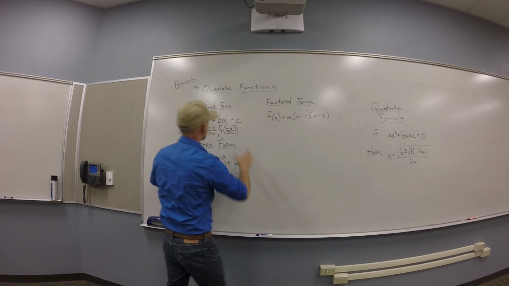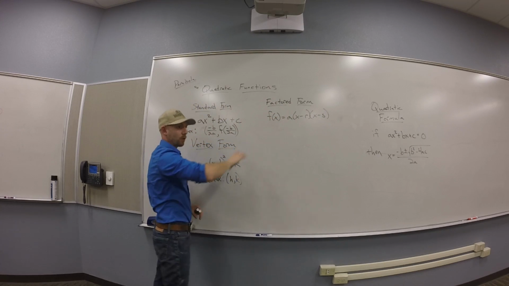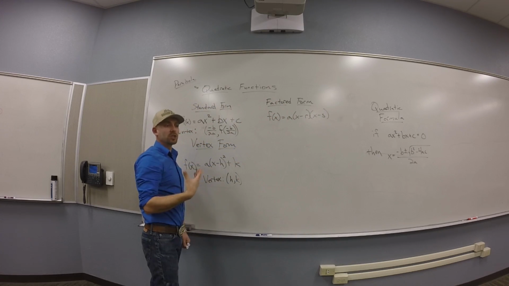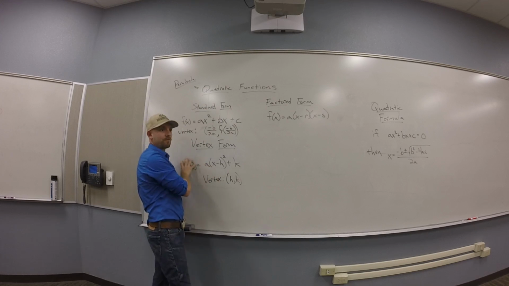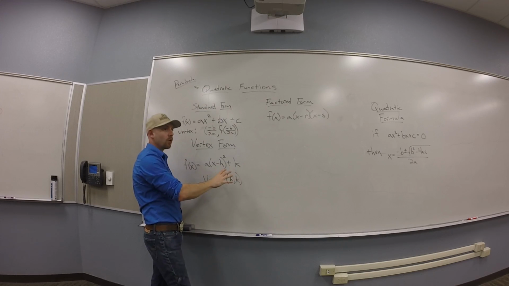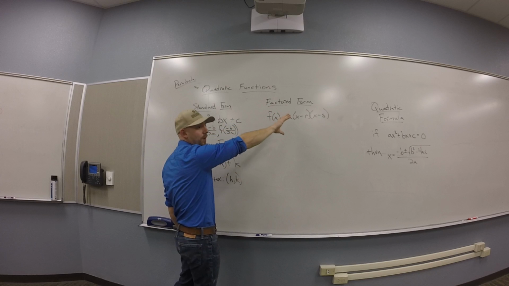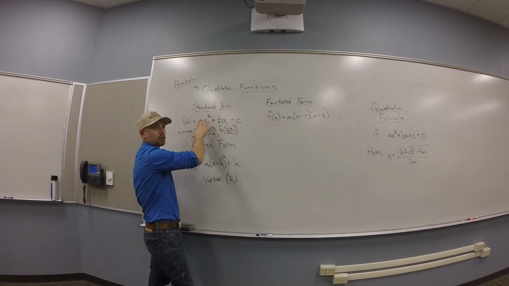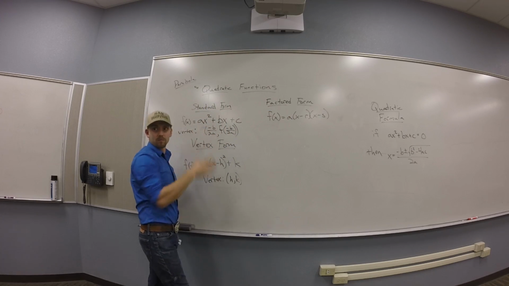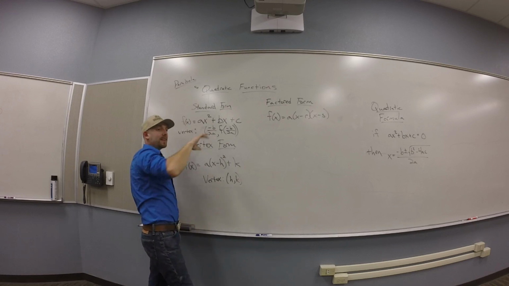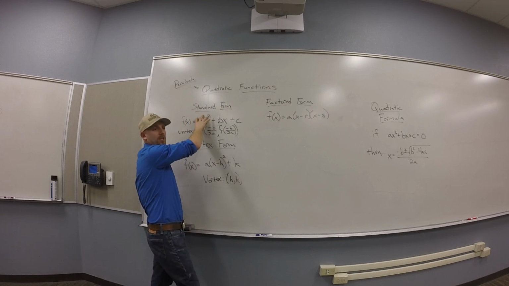These guys are just different forms of the same function. Some days they might hand me a function in vertex form, or factored form, or standard form. You guys see that? Standard form things happen when you do physics.